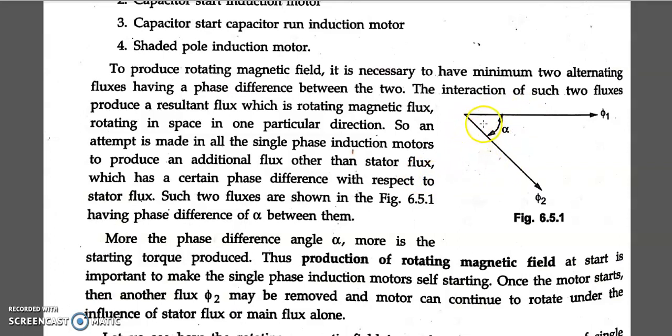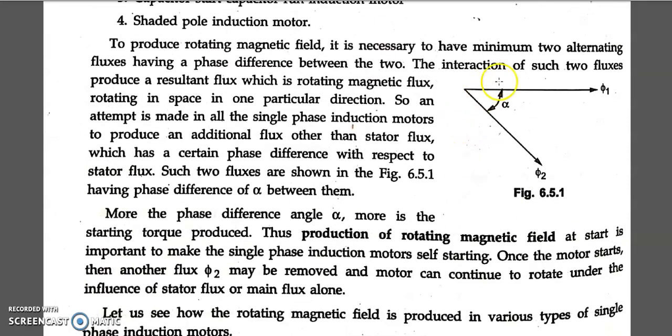Due to this, the addition of an auxiliary winding to the existing main winding, placed 90 degrees apart, converts pulsating flux into rotating magnetic flux. There is a phase difference between the two fluxes, and that phase difference makes the pulsating flux into a rotating one.